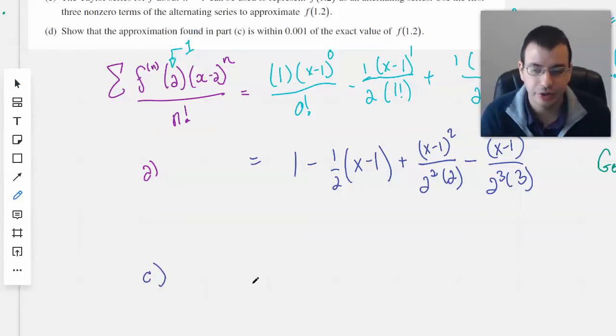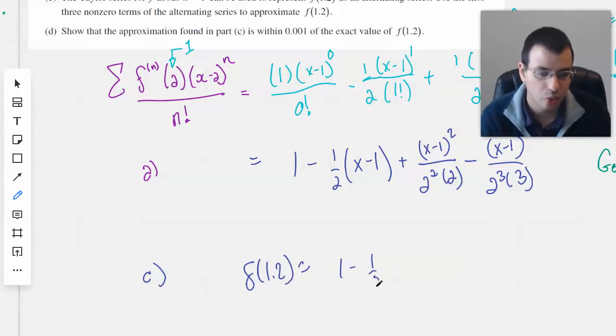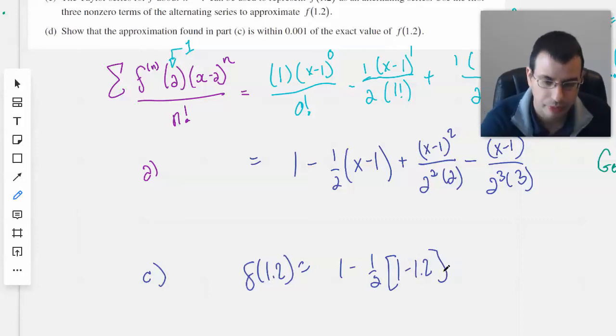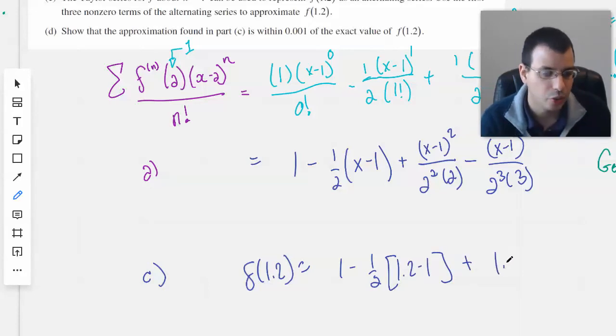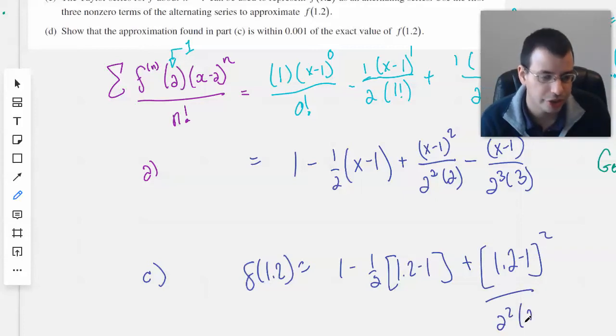Okay, so f of 1.2 is approximately 1 minus 1/2 times (1.2 minus 1), plus (1.2 minus 1) squared over 2 squared times 2.